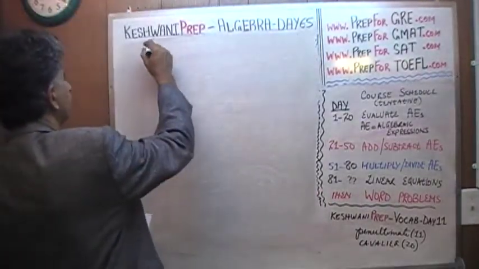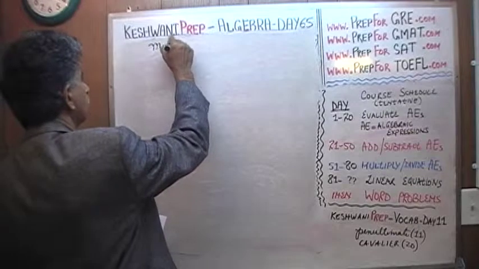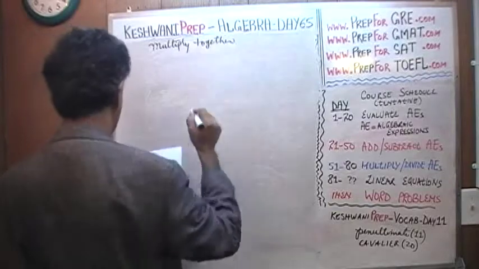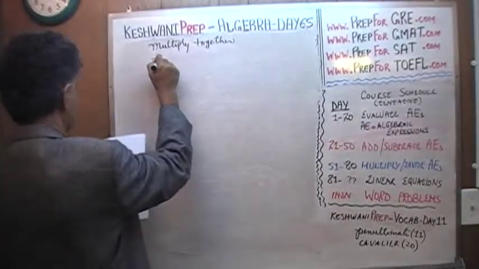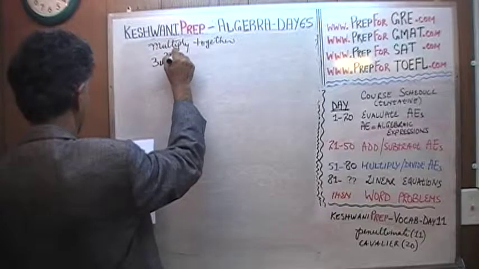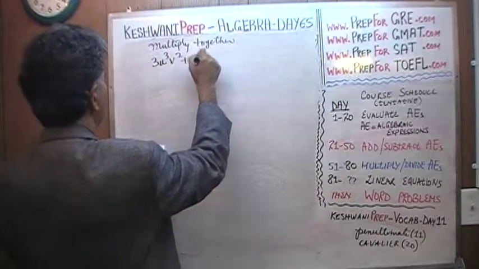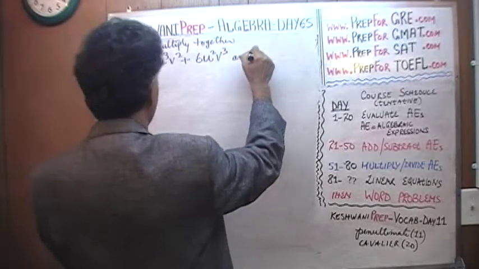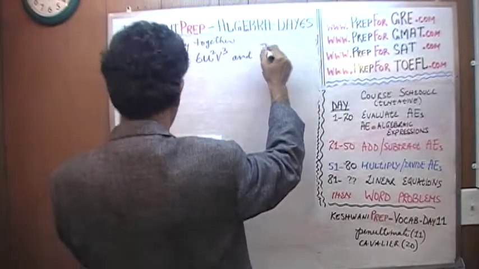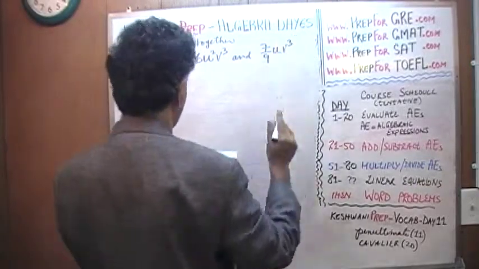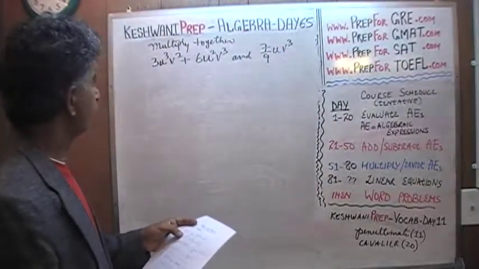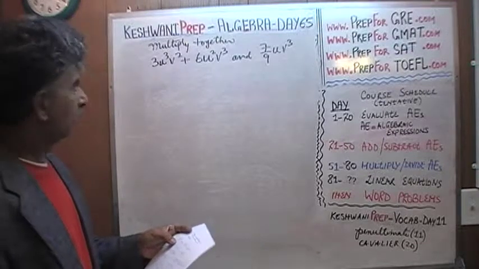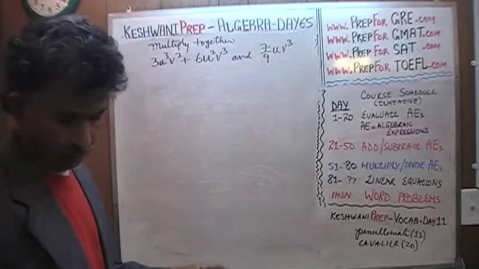We are asked to multiply together 3u cubed v squared plus 6u squared v cubed and 7/9 u v to the third.